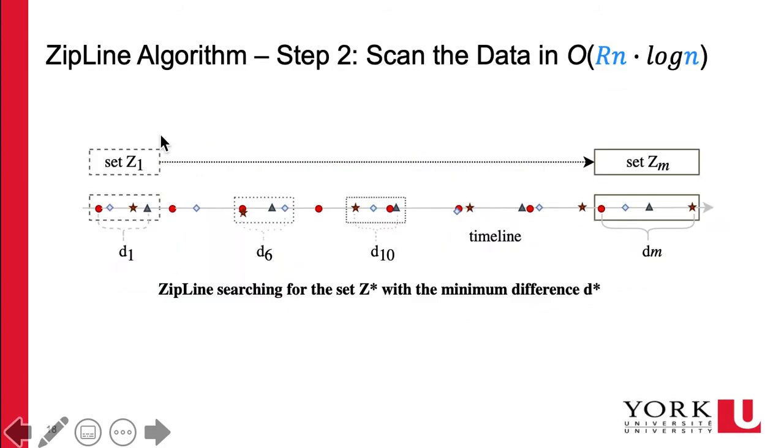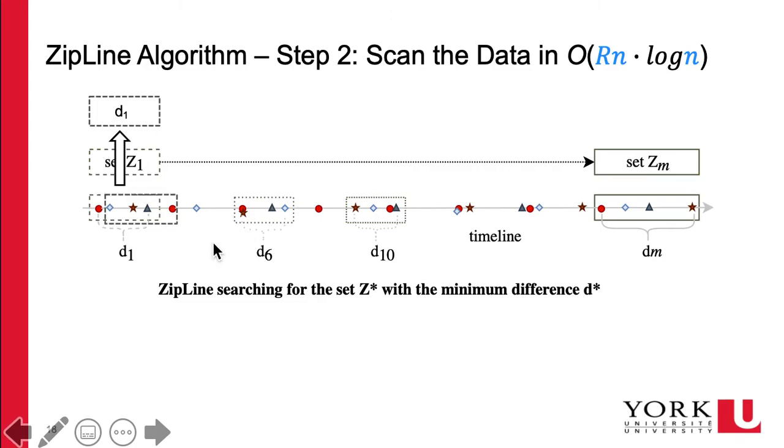That goes to the details of our ZipLine algorithm. As we saw earlier, we have this line of time points with different colors. What we do for ZipLine is we first initialize a set. This set has range D1, and we define this D1 as our optimal set.